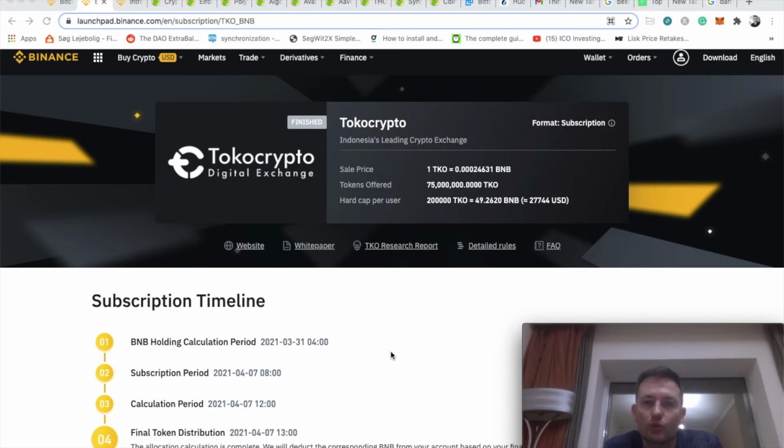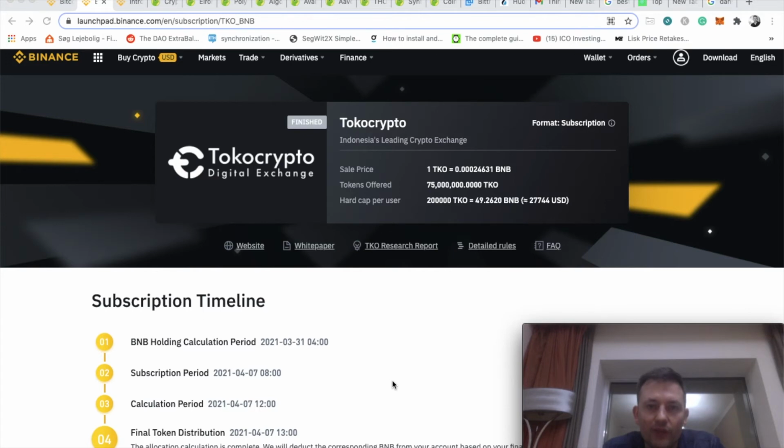So if you subscribe for this amount of BNB, you will not get an allocation that is in this size, because you will only get a fraction of the BNB you subscribe to the project.